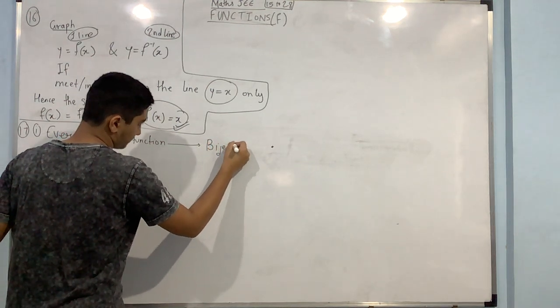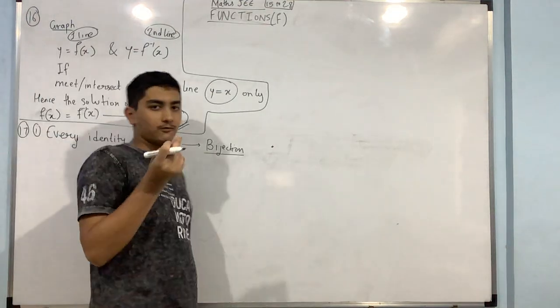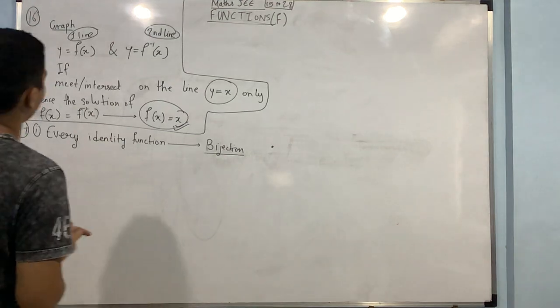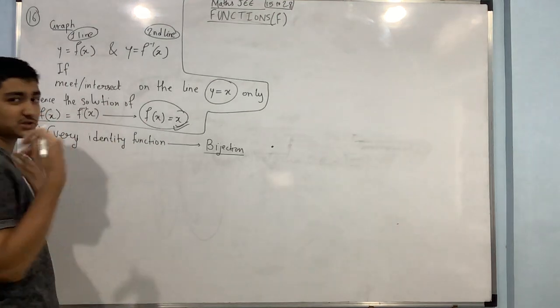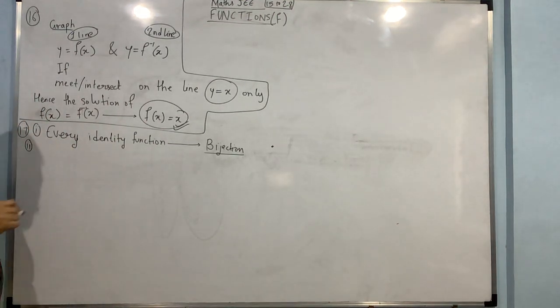Bijection, as I said, means a one-one function and an onto function. There is no need to write it because you have to remember it: every identity function is a bijection. Correct. This is a point you just remember. There is no explanation. There is an explanation, but it looks simple to me.